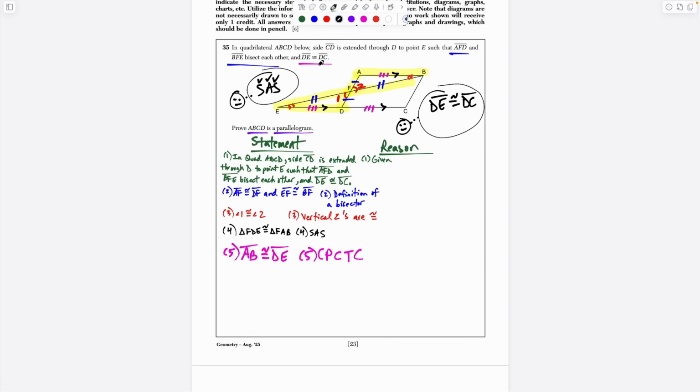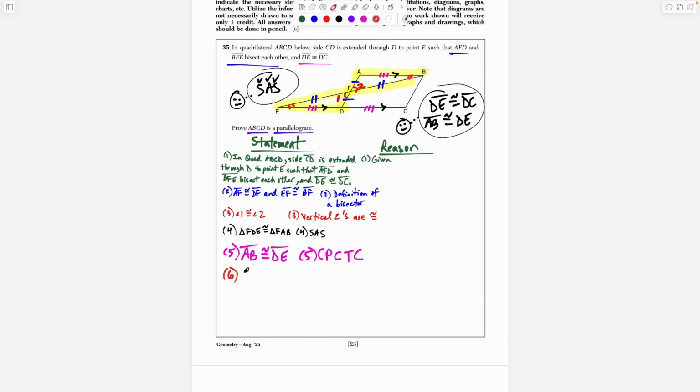So we have this statement. And then we just said that AB is congruent to DE. So if DE is congruent to DC and AB is congruent to DE, that would tell us that AB is congruent to DC. Okay, so we can make that as our next statement.